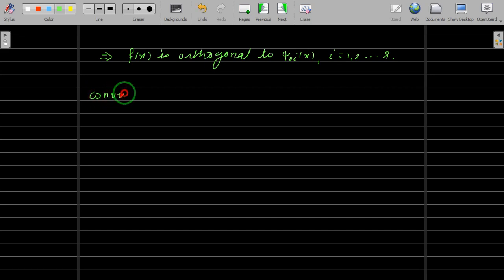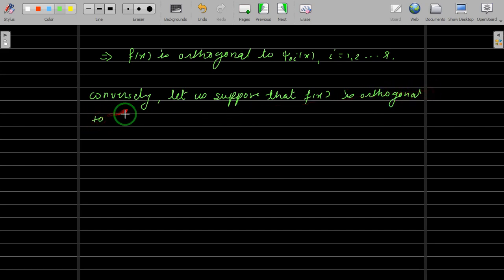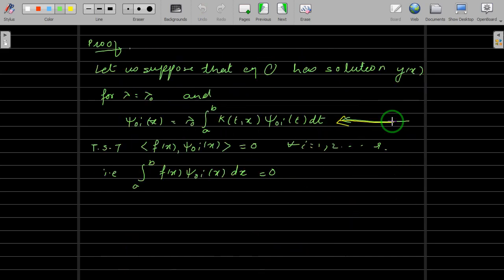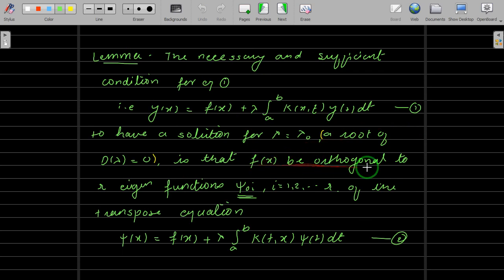Conversely, let us suppose that f(x) is orthogonal to r eigenfunctions psi 0 i of x, i is from 1 up to r, of equation 2.